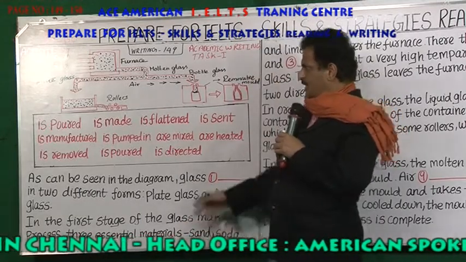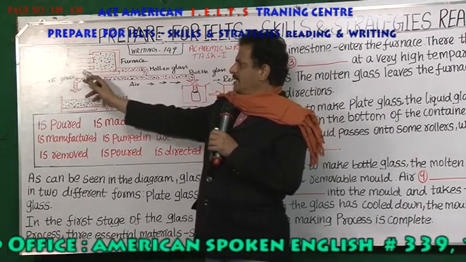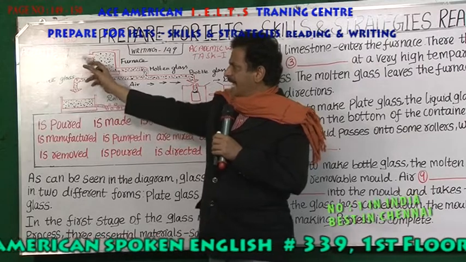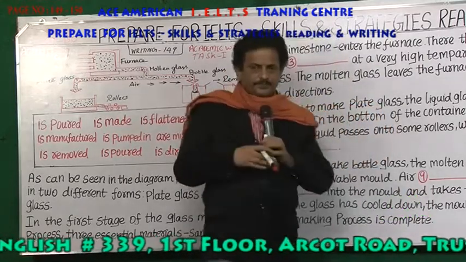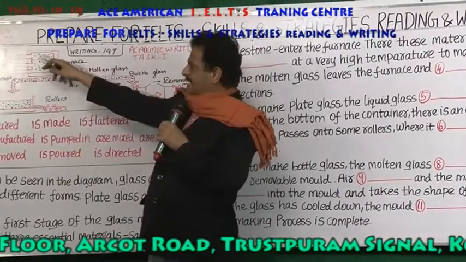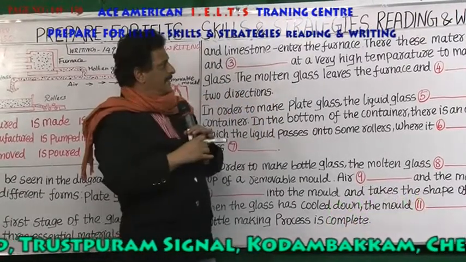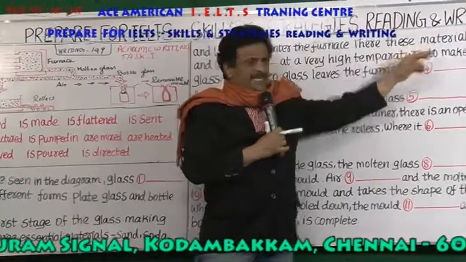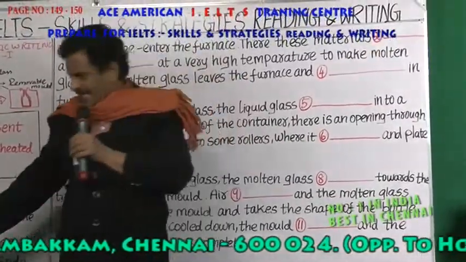What are the three essential materials? Sand is added, soda is added, limestone is added, which enter the furnace. Furnace means something is burning. These three materials. So in this, what is the word you may select here?